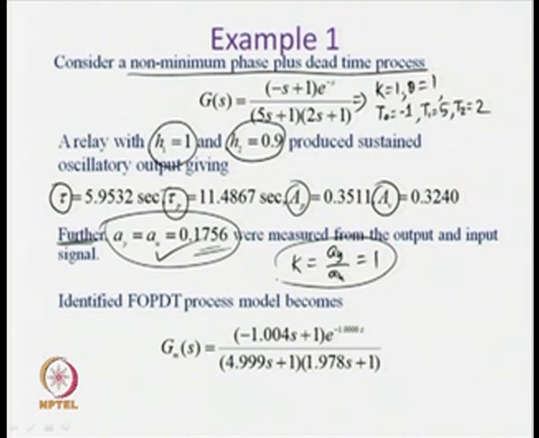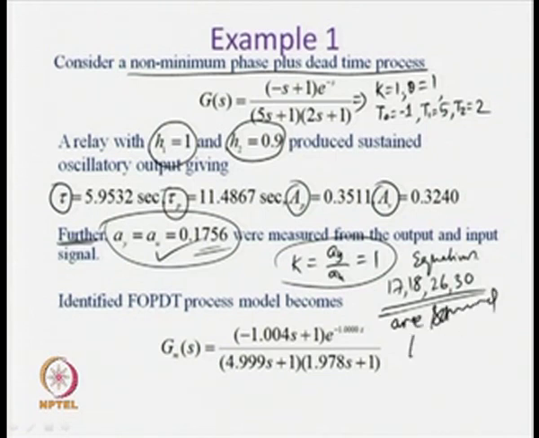What about the remaining parameters of the transfer function model? When equations 17, 18, 26 and 30 are solved simultaneously, we obtain theta h as 1.0000, which means theta has been estimated accurately.